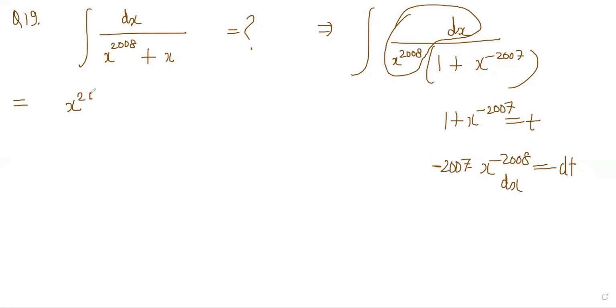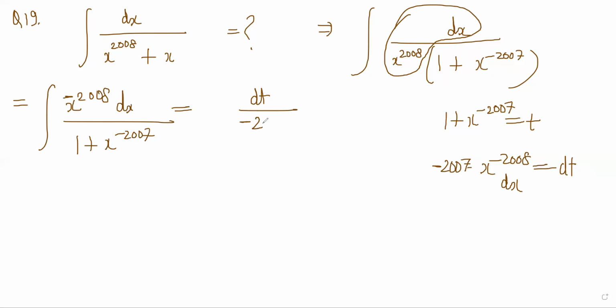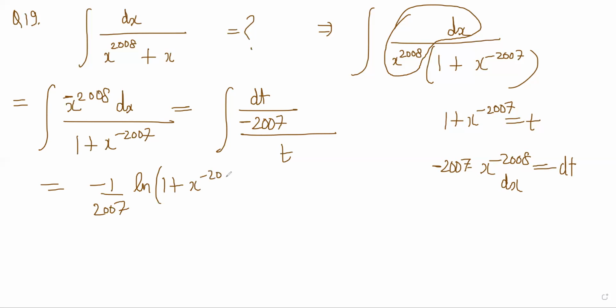So this is dx by x power 2008 divided by (1 plus x power minus 2007), which will be equal to dt by minus 2007, integral divided by t, right? So this becomes minus 1 by 2007 ln t, and ln t is ln (1 plus x power minus 2007), right? So that will come out as the answer for this.